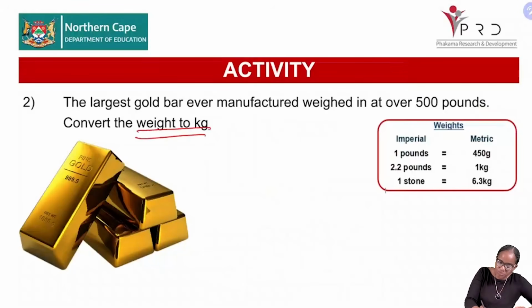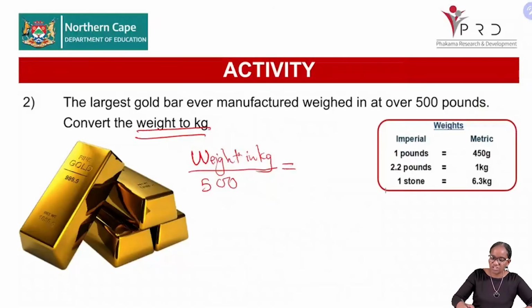You always start with the quantity that you're looking for. So we are looking for the weight in kilograms. That will be our numerator over the weight in pounds equal to the conversion factor. So let's write that. So this will be weight in kilograms. Our weight in pounds is 500 pounds, right?